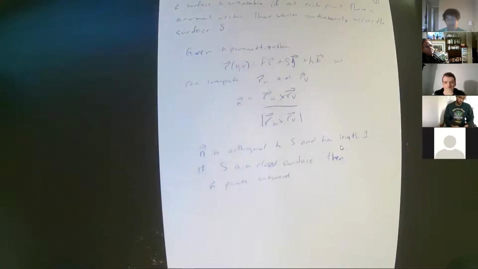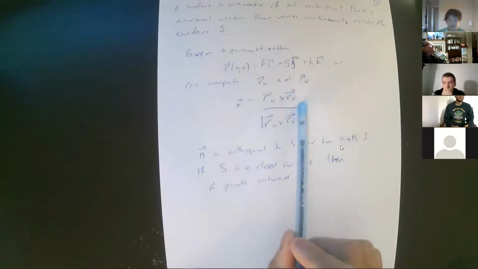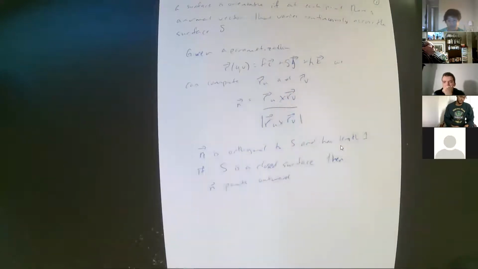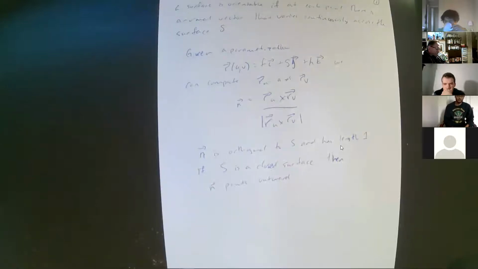Positive direction here will mean the first variable cross the second variable points in the positive direction. If I take the second variable and cross with the first variable, that points in the negative direction. Any questions on the normal vector?